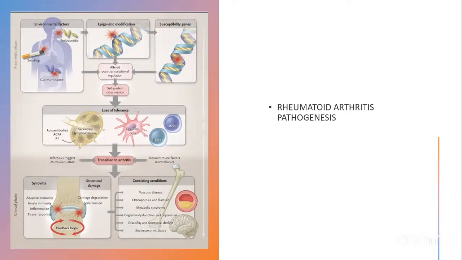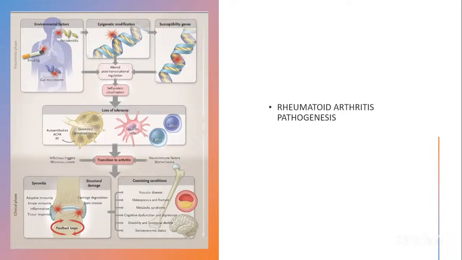And if you remember our immunology, we have what we call cellular tolerance. That means the ability of our body to protect us from our own cells, so that the T cells, the B cells, our immunity is not attacking ourselves. But due to all these changes, some environmental factors, some genetic predisposition, there's loss of tolerance.